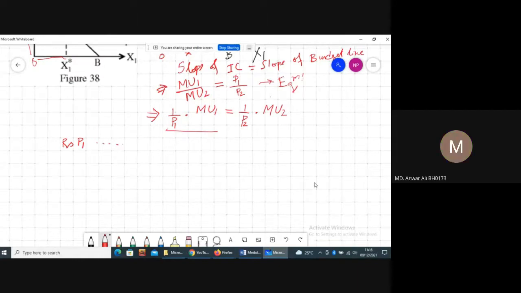MU1? What is MU1? Marginal utility. So if you spend P rupees, I'm asking how much amount of commodity X1 you will get. I'm asking about the commodity, not about the utility.